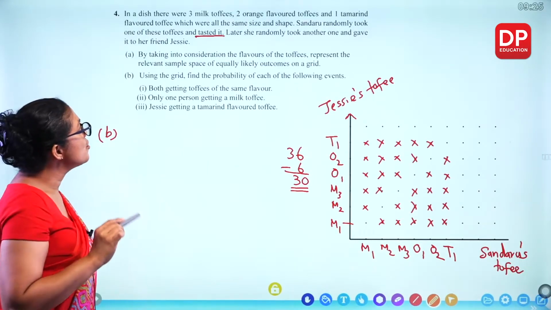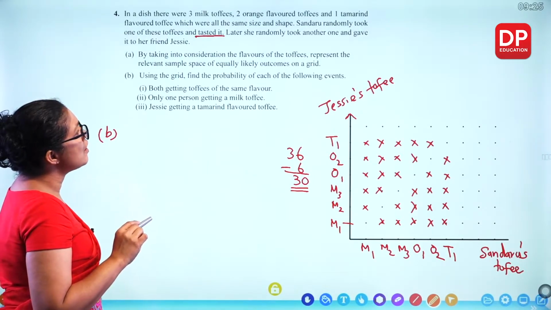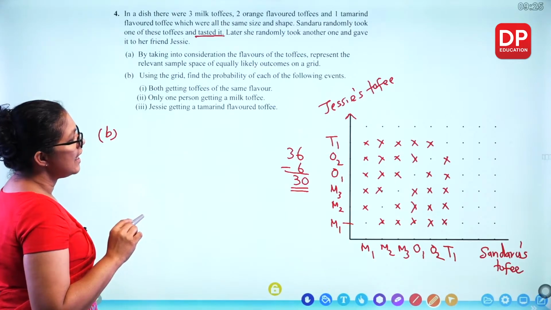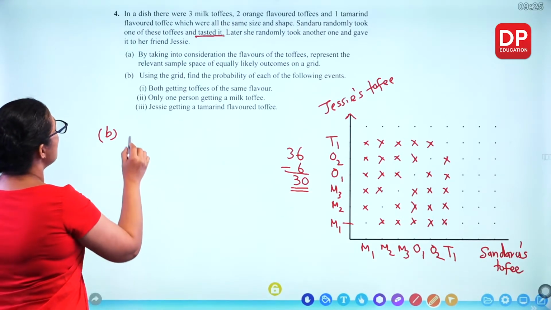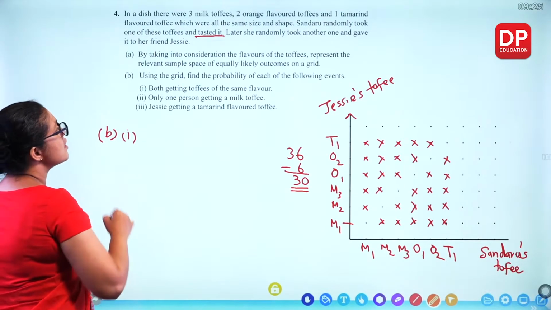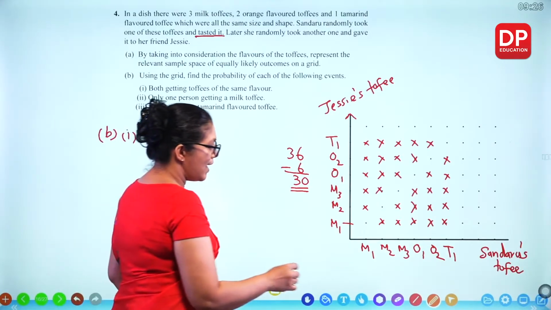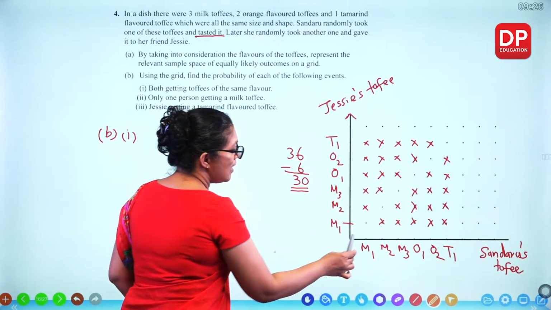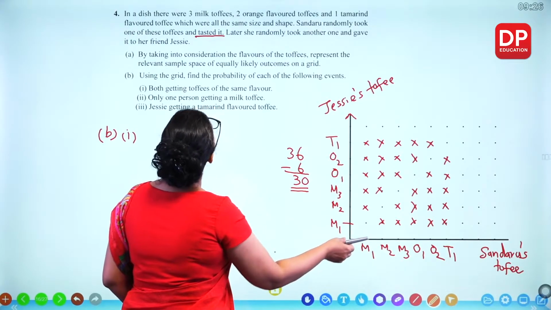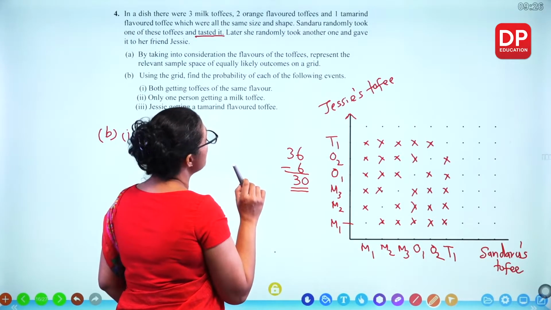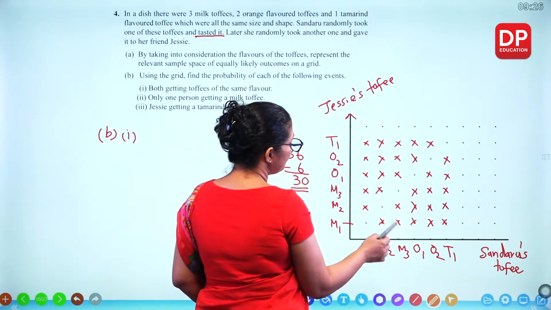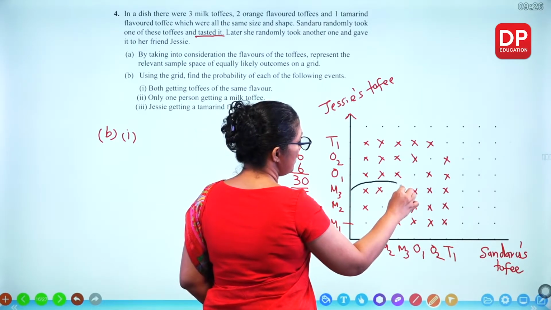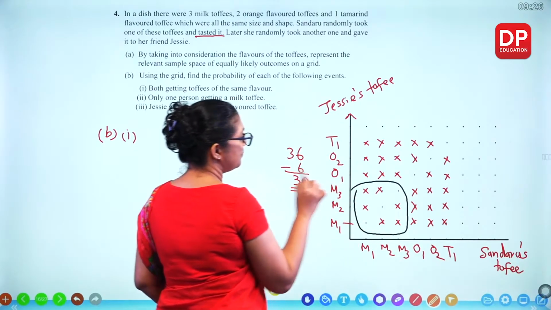Part B, using the grid, find the probability of each of the following events. B1, both getting toffees of the same flavor. I'll take black one, same flavor. If this is milk toffees, then can get milk as well.